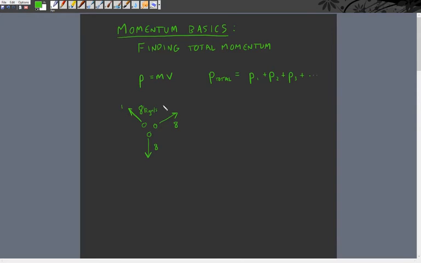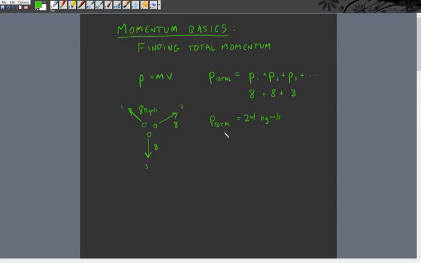We'll call this object 1, object 2, and object 3. So to find the total momentum of the system, you might think, well, P1 is 8, P2 is 8, and P3 is 8. So I'm just going to add these three together. I get a total momentum equal to 24 kilogram meters per second.